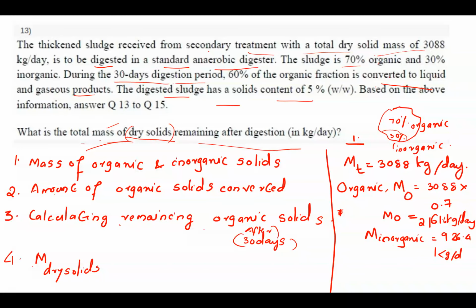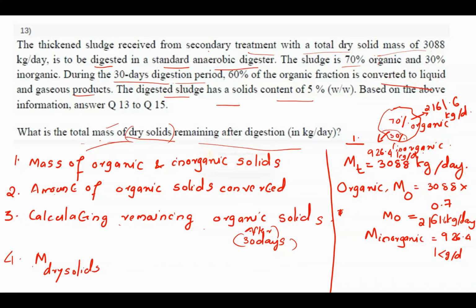The 70 percentage organic we have calculated as 2161.6 kg per day, and the 30 percentage inorganic as 926.4 kg per day. Till here it is clear, I hope.